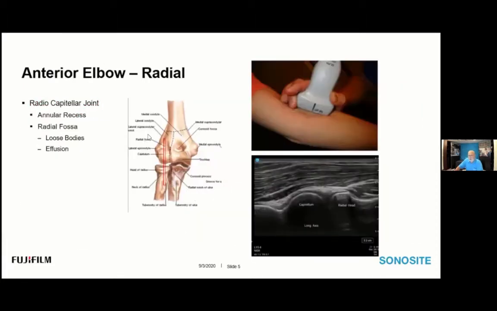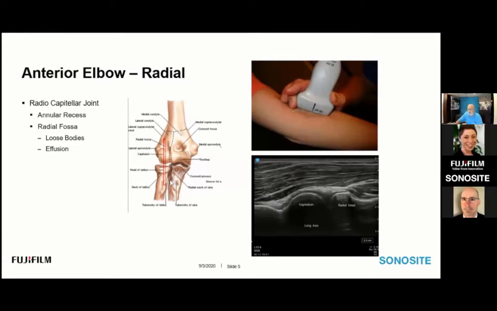As with all MSK applications, recognition of skeletal contours is important as landmarks for the soft tissue anatomy we're assessing. Beginning with the transducer placed in the longitudinal plane to the extended arm on the lateral aspect, we will first identify the characteristic bony contours of the radial head and the rounded humeral capitellum.